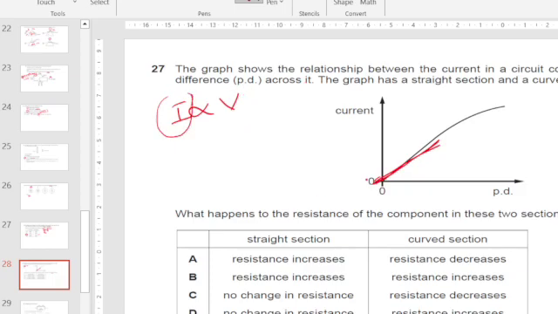Hence, the resistance remains constant only in the first part. So no change in resistance will be there in the straight line path.